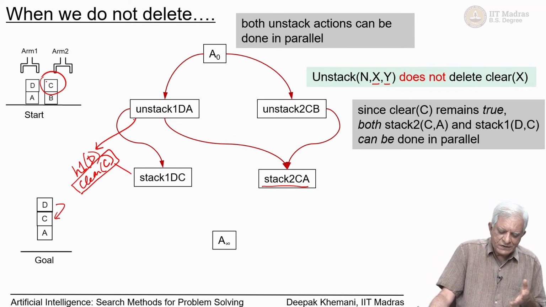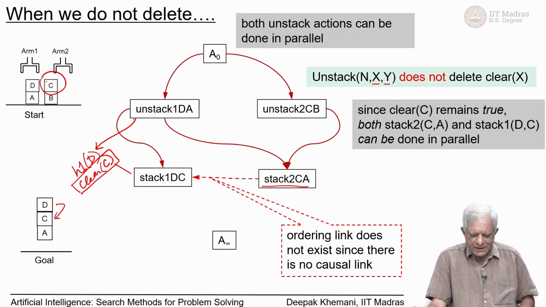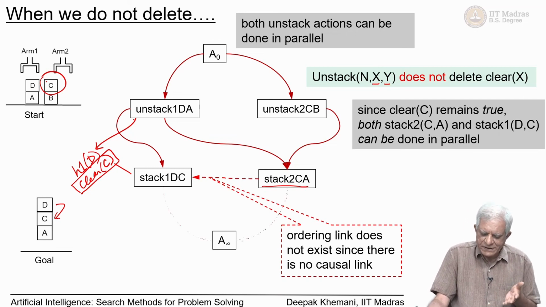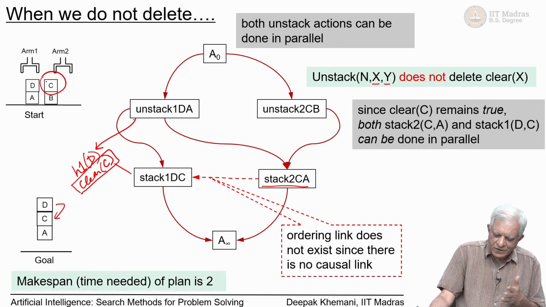So, both these preconditions are met, and in the next time step D can stack onto C. In the same time step C can also stack onto A because these preconditions are satisfied, and the ordering link that we had earlier does not exist anymore because of the way that we have defined our operators.